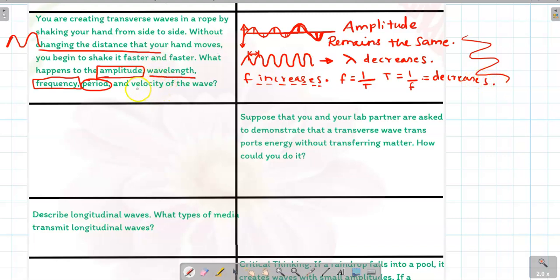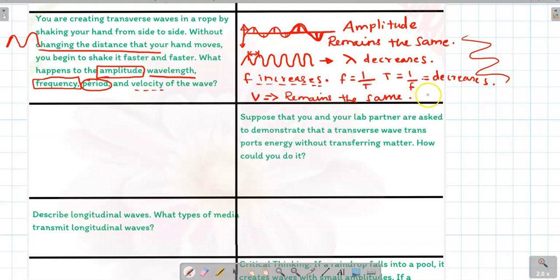Okay, now the last question, v. What happens to the velocity of the wave? It remains the same, because the wave velocity in a rope depends on the tension and the mass per unit length, not on how fast you shake the rope.